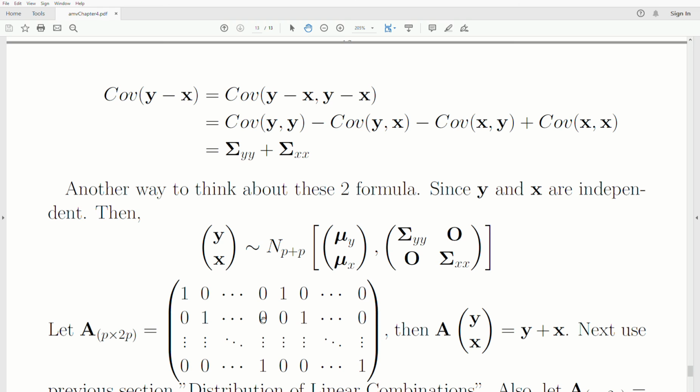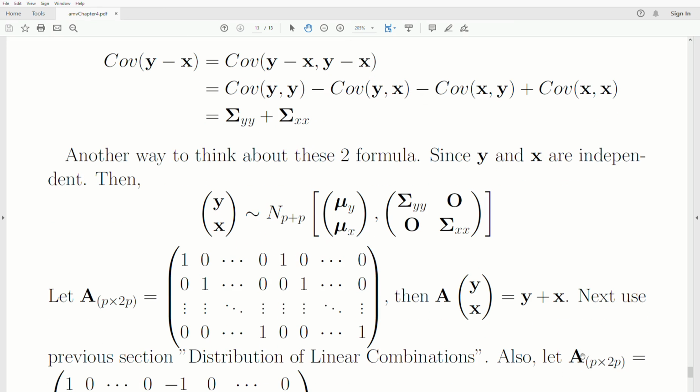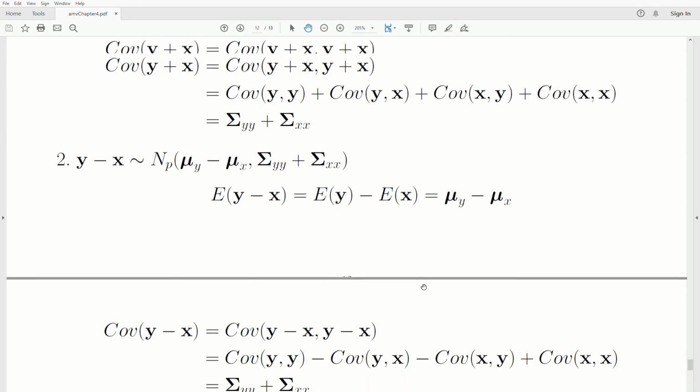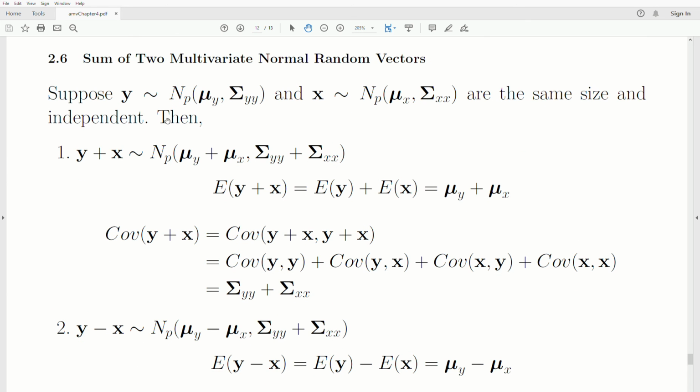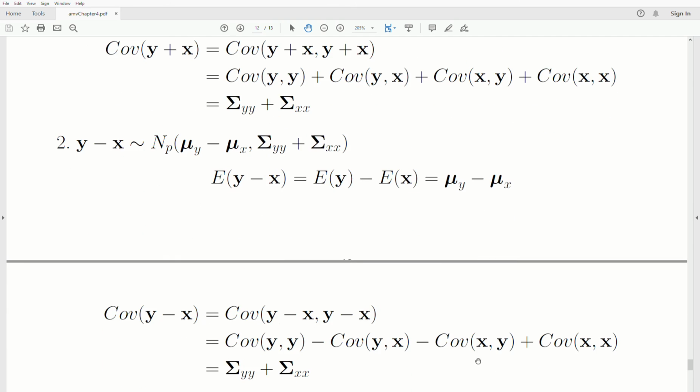Now the second row takes the second components from each vector and adds them, the third, the fourth, the fifth, all the way to p. And so this recreates y plus x. And then we use a previous section where we looked at the distribution of linear combinations. And this is a linear combination of this random vector. And if you look at that theory, you get the exact same thing that we mentioned right there.